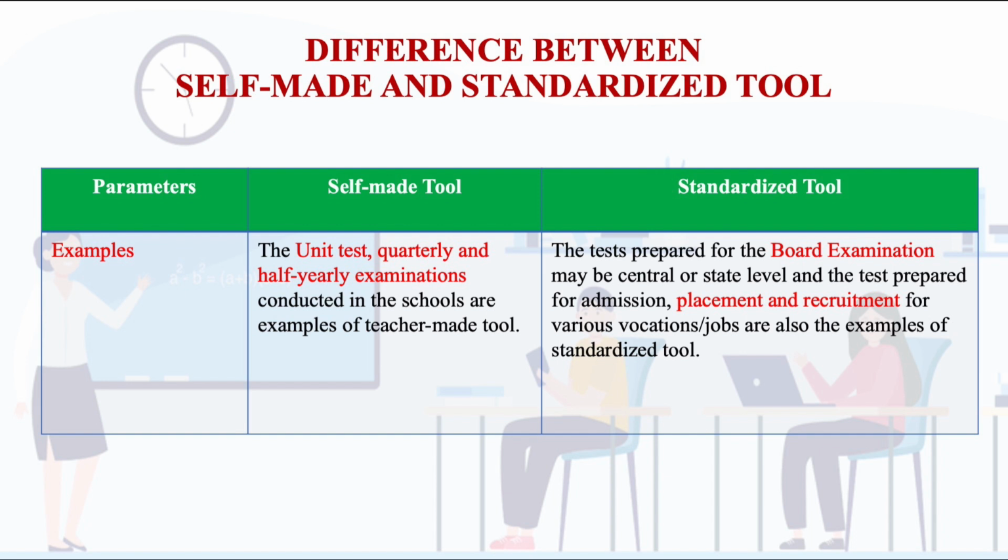But so far as standardized tools are concerned, the tool prepared for the board examination, whether central or state level, and the test prepared for placement and recruitment for various vocations or jobs are also examples of standardized tools. So here two examples are there.